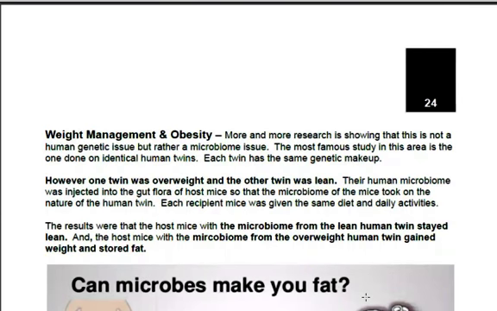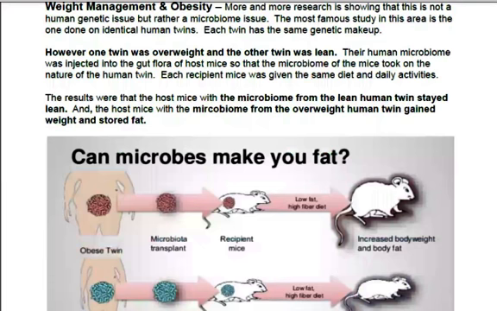When the microbiome of the obese twin is put into recipient mice, and the microbiome of the lean twin is put into host mice, and they're both given the same diet, the host mice with the microbiome from the overweight obese twin increase in body weight and body fat, whereas the mice that received the lean twin's microbiome stay lean.